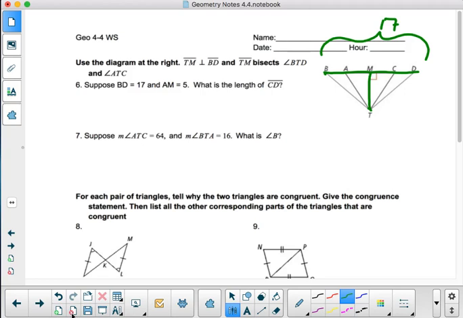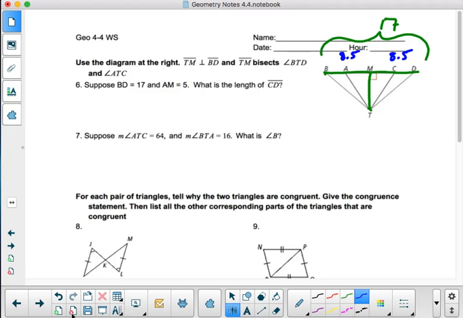So that means by properties of bisector with angles and isosceles triangles, that BM and MD are the same measure. Half of 17 is 8.5, and this is 8.5. Now we're looking at, suppose BD is 17 and AM is 5.